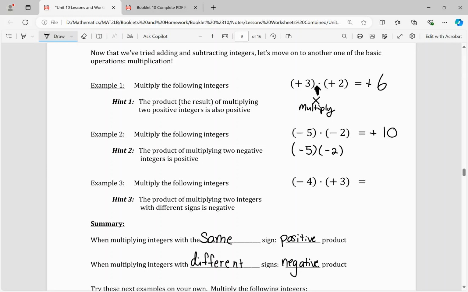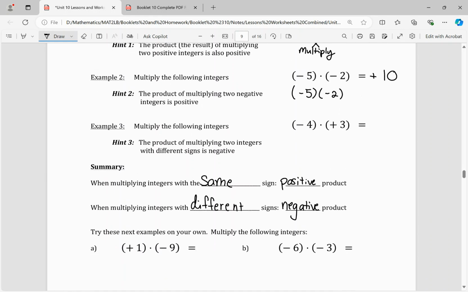Because they're the same sign. Finally, we have a -4 and a +3. Now, 4 times 3 is going to give me 12. 4, 8, 12. But one is negative and one is positive, right? So since those are different, my answer is going to be negative.